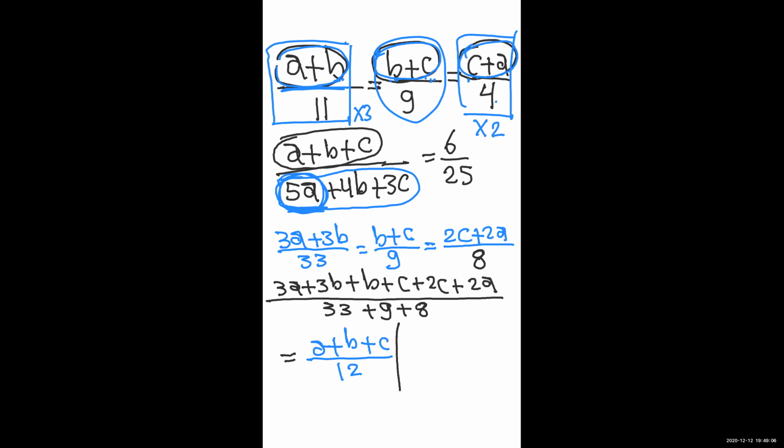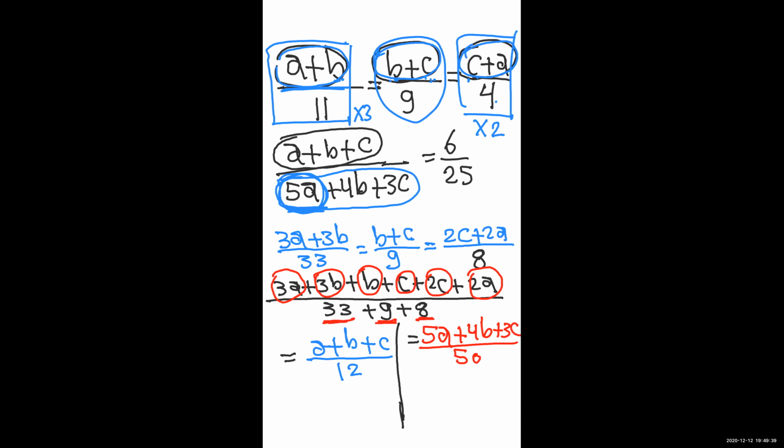I will write it here on the side, so it will equal. Now check the terms and add the like terms. So 3a and 2a becomes 5a, 3b plus b is 4b, then c plus 2c means 3c, over 33 plus 9 means 42, 42 plus 8 means 50.